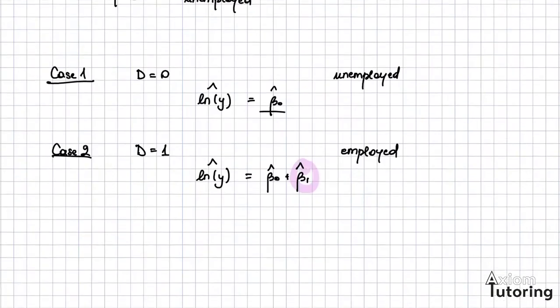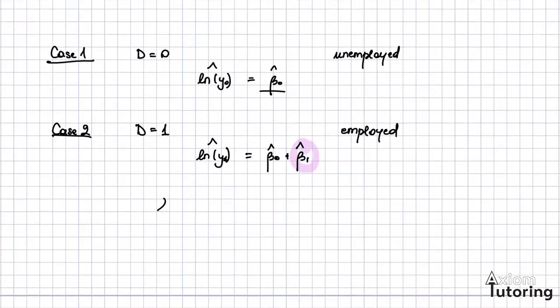So if we subtract the two equations, and for us not to get tripped up, I'm just going to call this ln y0 and this ln y1. So ln y0 hat minus ln y1 hat is literally just this beta 1 hat. So we knew it was the difference.